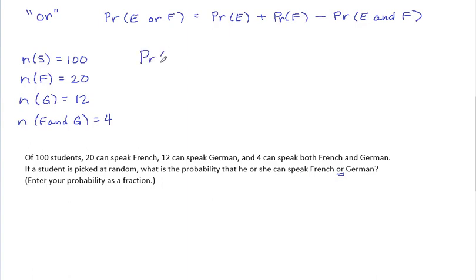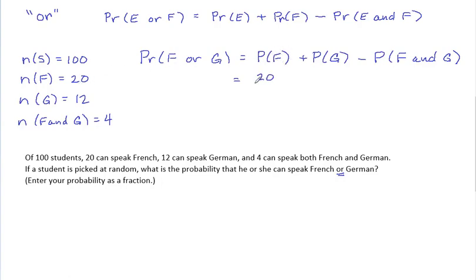So probability of F or G, probability that they speak French, plus probability that you pick a person that speaks German, take away the probability that you pick a person that spoke both. Probability of a French-speaking person, 20 successes out of 100 total students.